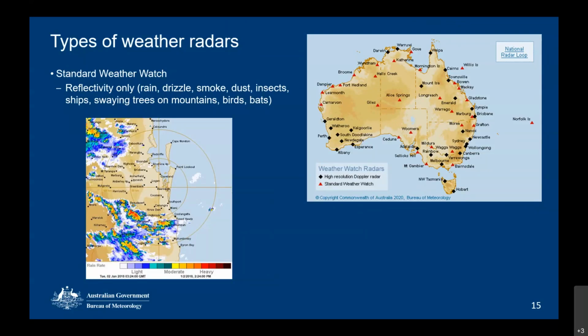A large ship moving at X amount of knots will return a very nice target. For those familiar with Melbourne, you always see the Tasman ferry going down South Channel as a nice reflective target. So that's what we call standard weather watch, which is reflectivity only.